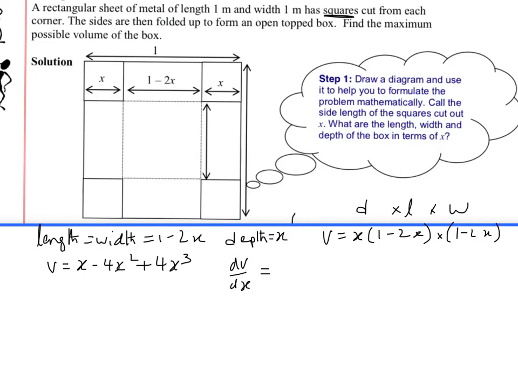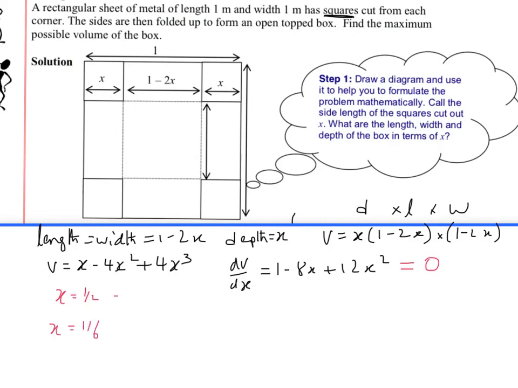So we get 1 minus 8x plus 12x squared. Now since it wants a maximum possible volume, we have to set this to 0 and solve it. Again, you might want to pause the video and have a go at this. If we solve it, we should get x equals a half, or x equals 1 over 6.